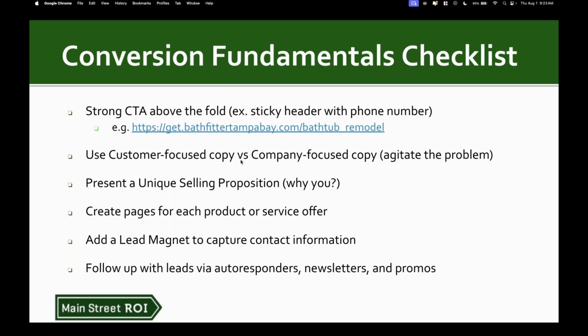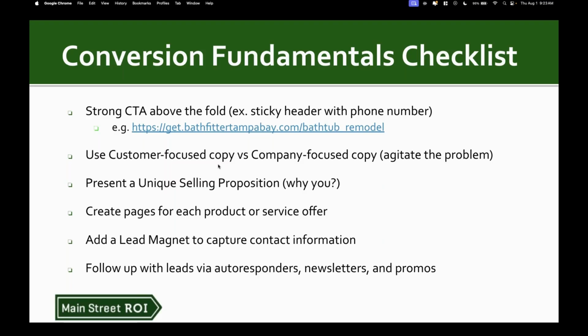Customer focused copy versus company focused. I can't tell you how many times I've visited an ad landing page to find walls of text, and they talk about when the business was founded and all of this kind of information that doesn't really help the person who's clicking on this ad make a decision. And same with the website. We don't want to necessarily put that information front and center.